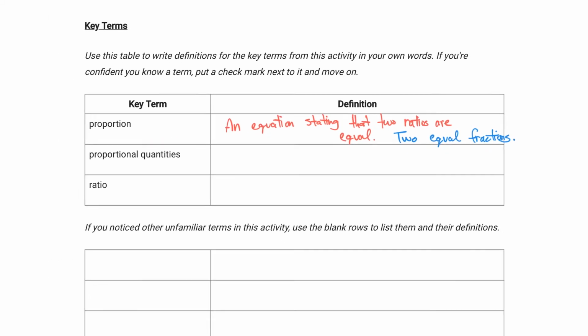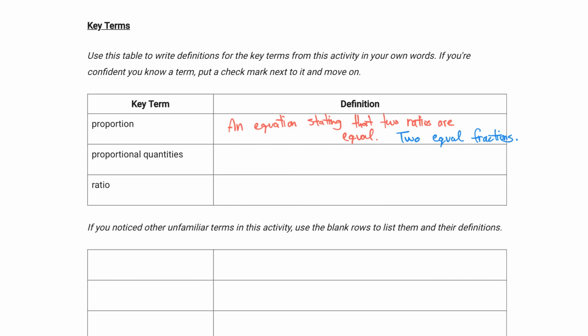Now, the next one, proportional quantities. Okay, that is quantities that are always in the same ratio.